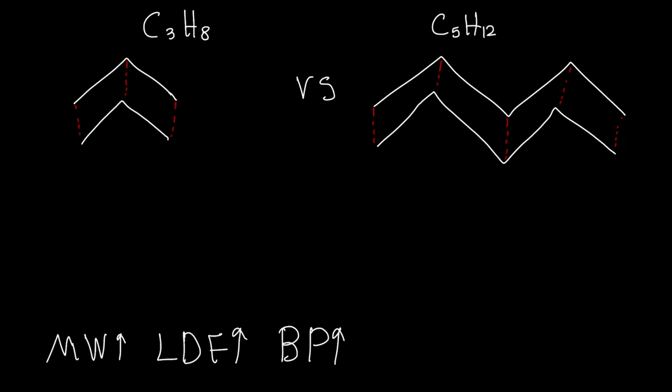And so more of those interactions means that it is going to be more difficult to break up that force, which means you need more energy to do it, and that energy comes in the form of temperature, so the boiling point is increased.